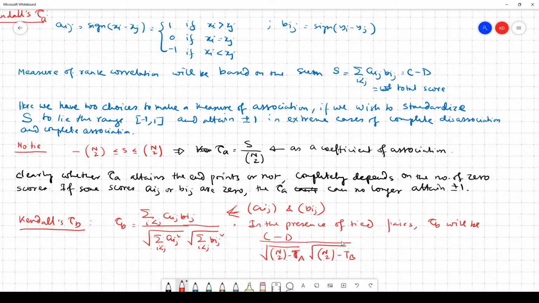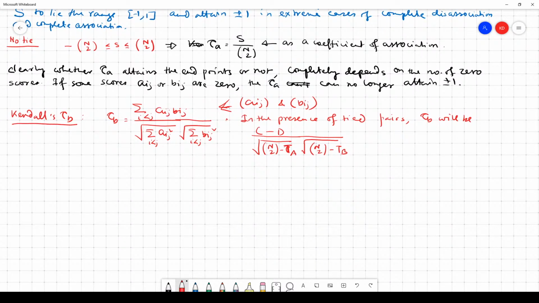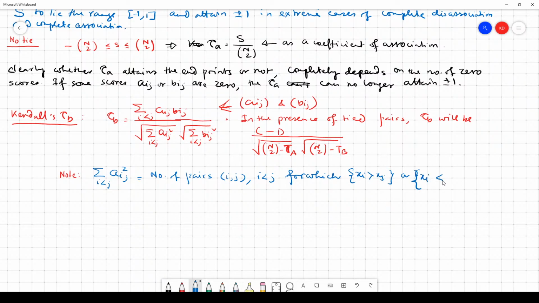And note that the sum over i less than j of Aij squared is equal to the number of pairs (i, j), where i less than j, for which xi greater than xj or xi less than xj.